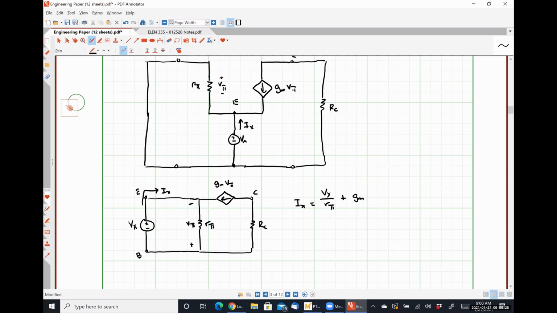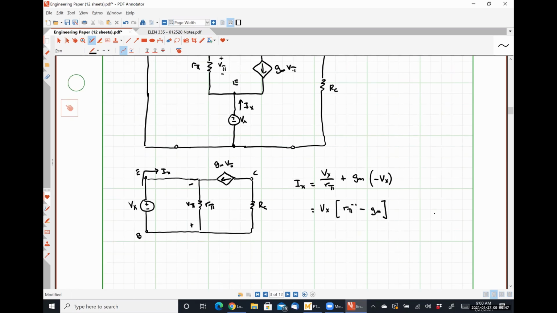Everybody okay with that? So I can write this as Vx times r pi to the -1 minus gm, which means Rin is r pi to the -1 minus gm to the -1.